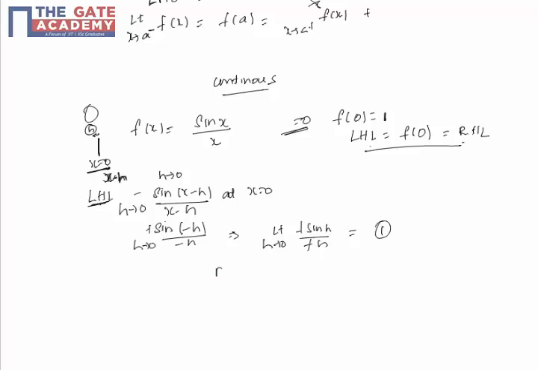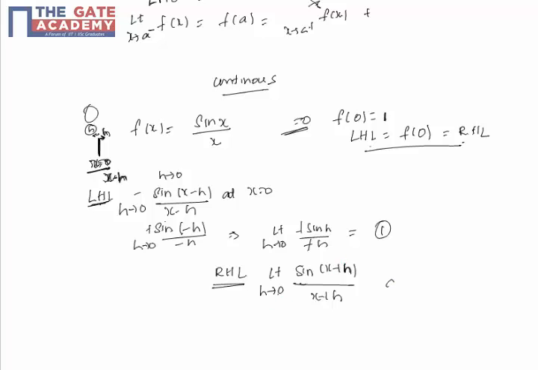Now if I am considering the right hand limit, what I am doing here is taking a small value h and adding it to x is equal to 0. This is taken as the right hand limit. So limit h tends to 0 of sin(x plus h) by (x plus h), where h is a value which is positive and tends to 0.